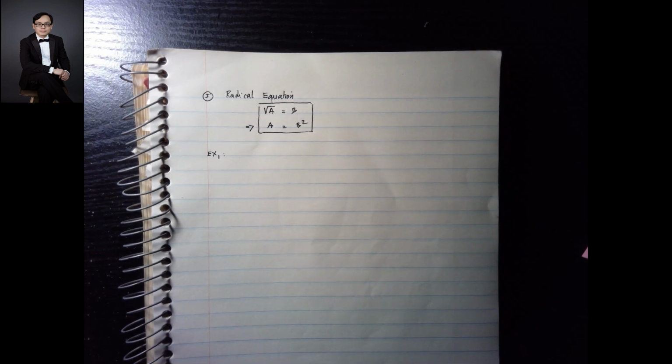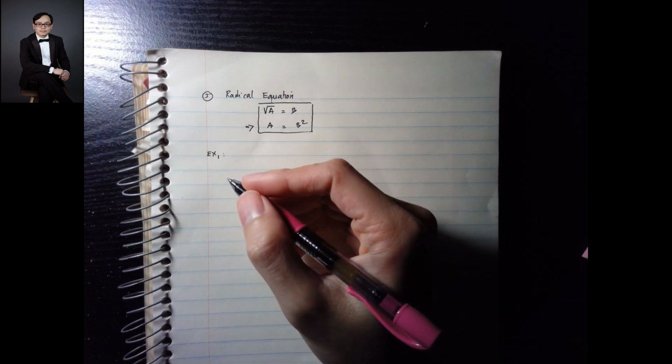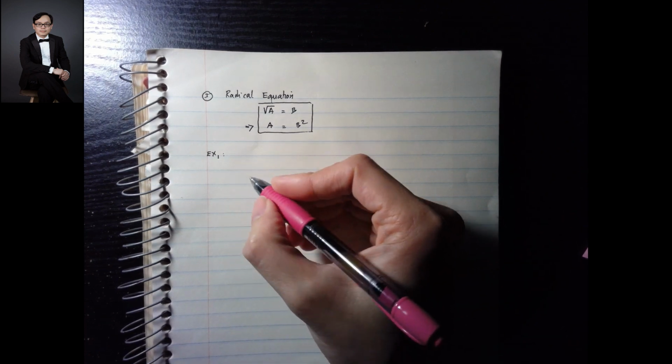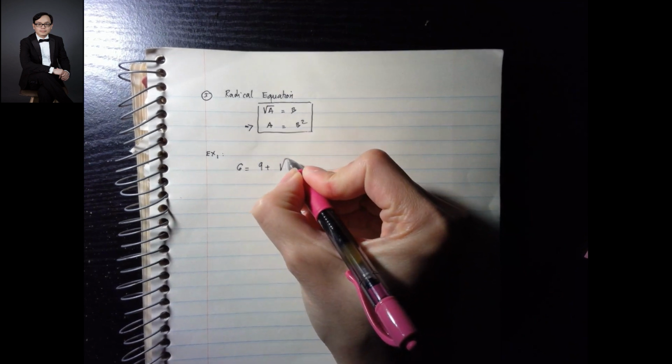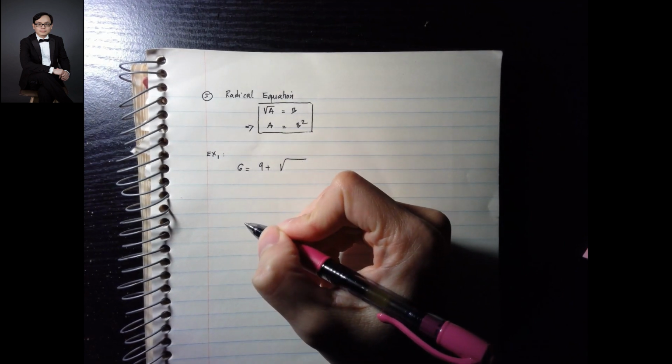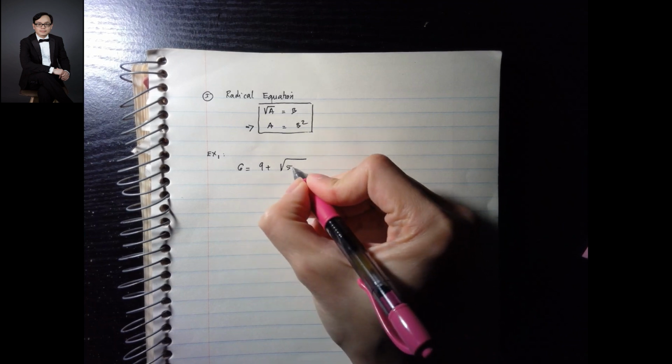For example, let's pick something simple: 6 equals 9 plus square root of 5 minus 3x.